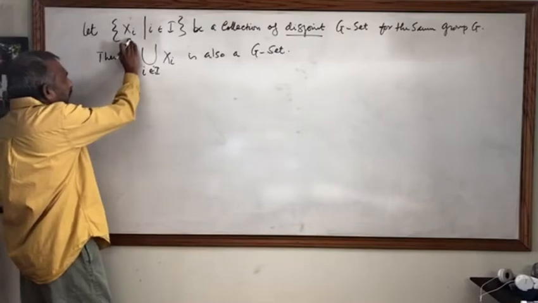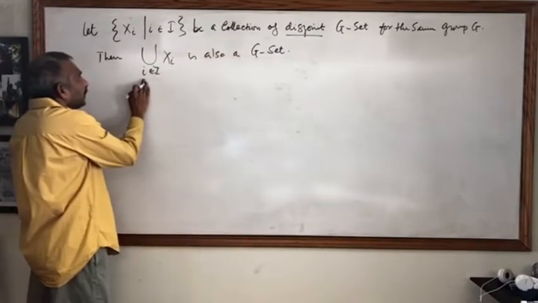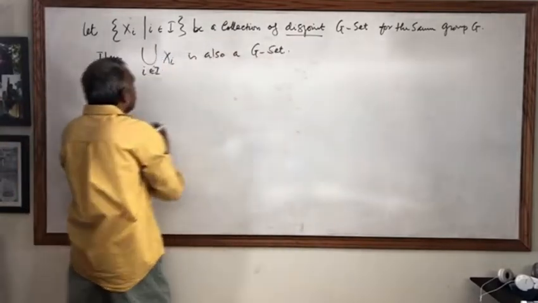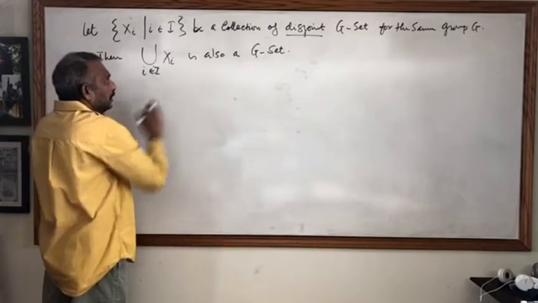Each of the Xi's are G sets and they are disjoint. Then their union is also a G set.